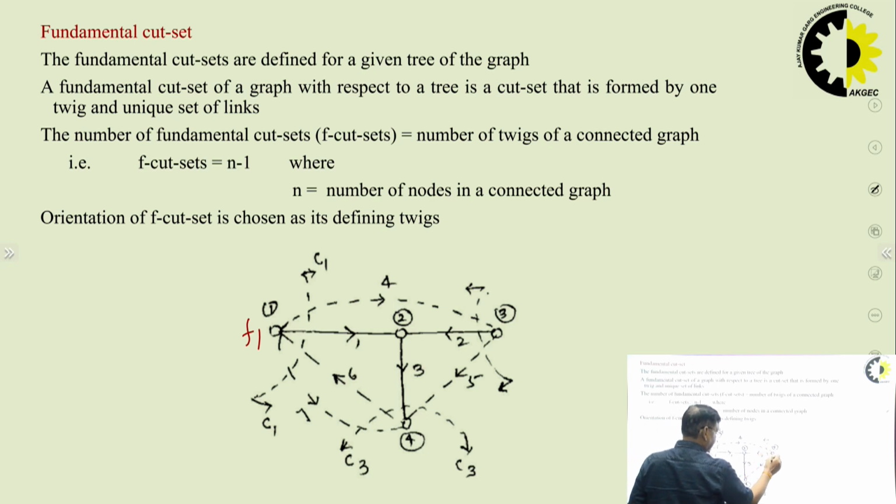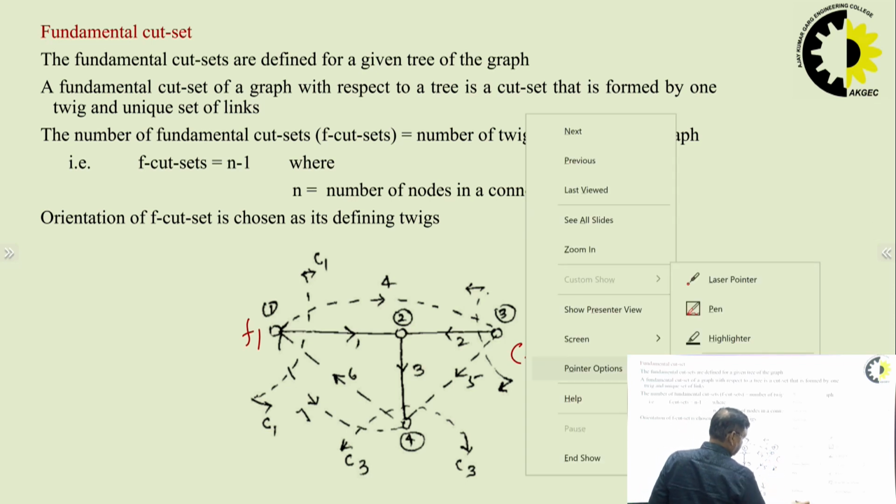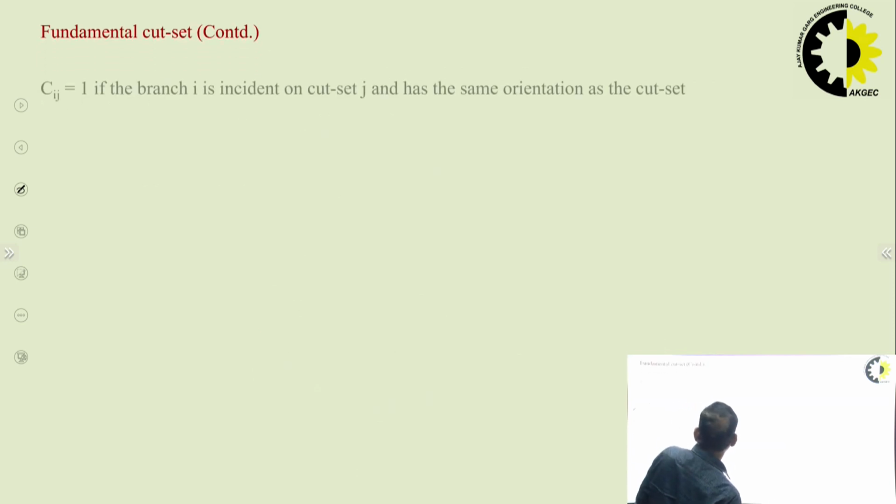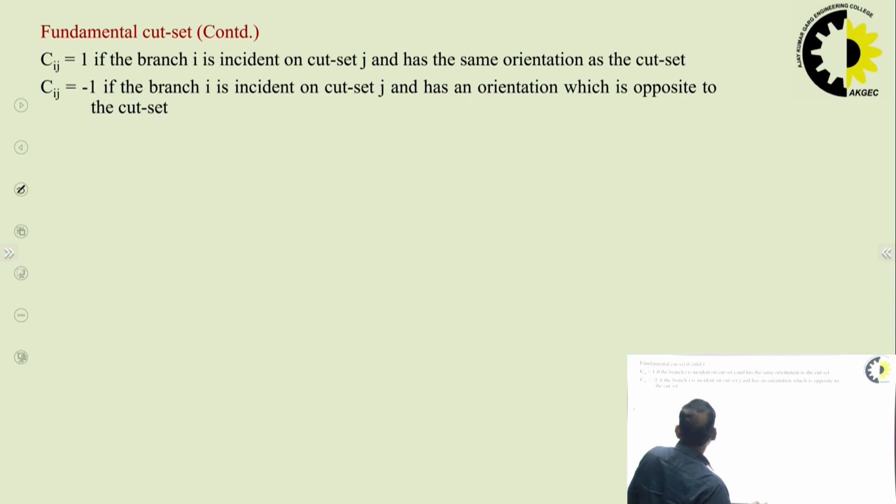Here this is your C2 and this is your C3. So one twig and its links, 6, 7, 5, and so on, and then we can write this in matrix form. So Cij are the elements of the fundamental cut set matrix.